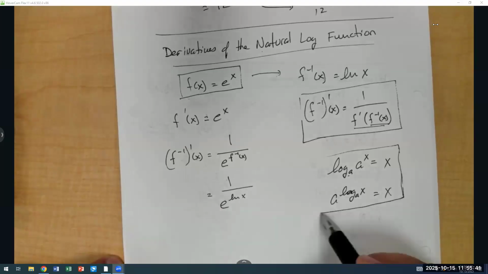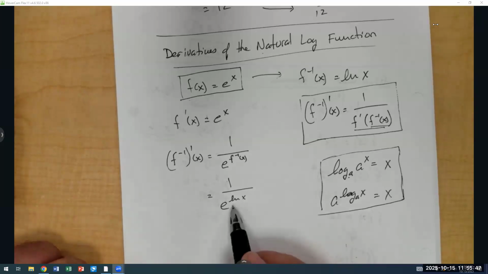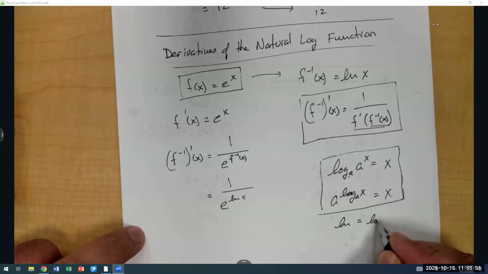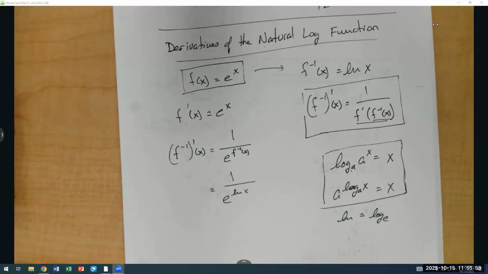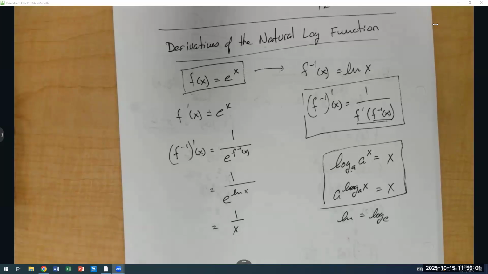These are properties from algebra. So why do I say that? Because ln is the log base e. So since these are both the same base e, our answer is 1 over x.